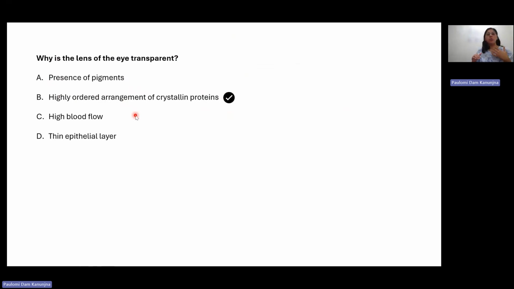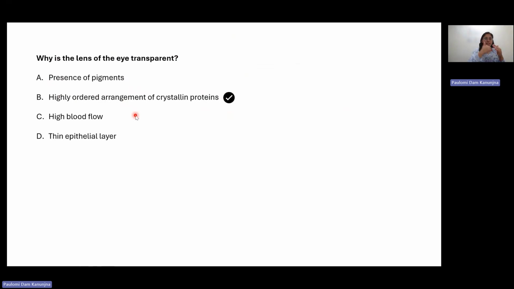Now, why should it matter? Because I told you the whole idea about having a clear path is basically to allow the light to pass through without any hindrance, like unhindered, right? Now, if your crystalline proteins, or any protein in your lens for that matter, are everywhere, so you have blobs of protein here, then here, then here, then here, then here, it's making a lot of gaps, right?